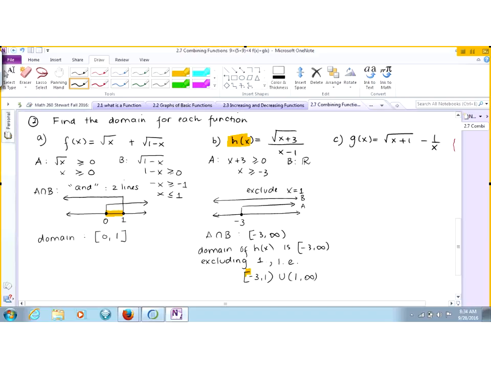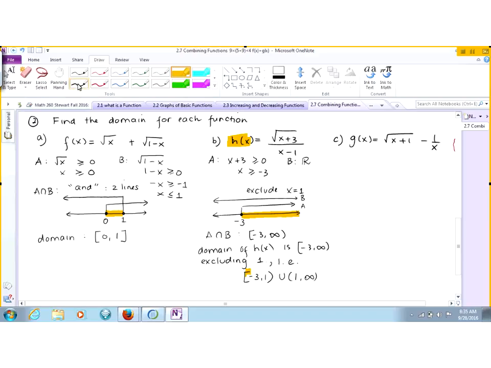How many lines are between negative infinity and negative 3? It's only this line. But I'm looking for points which have 2 lines on top. So it's these points, they have 2 lines on top. Make sense? Okay. Good.